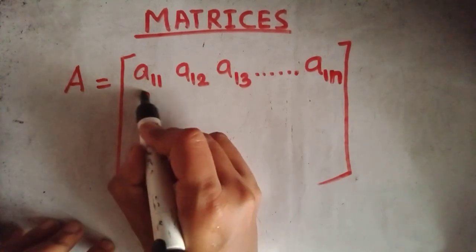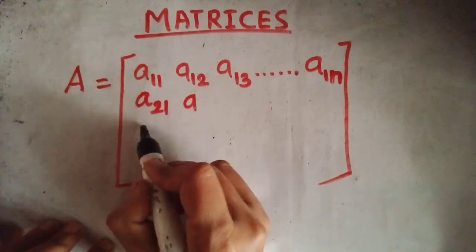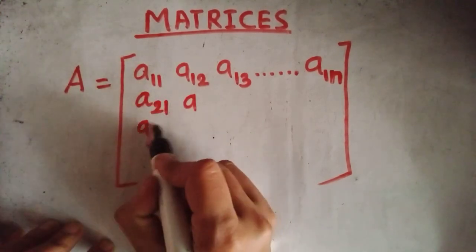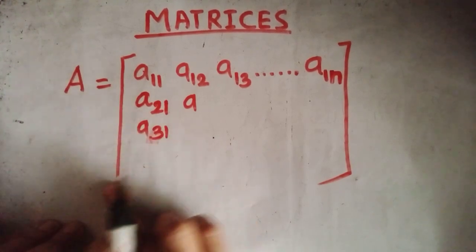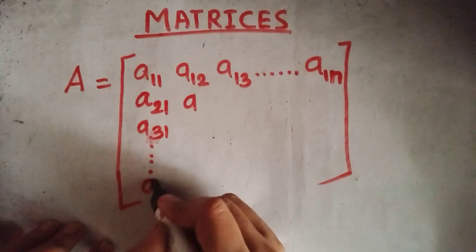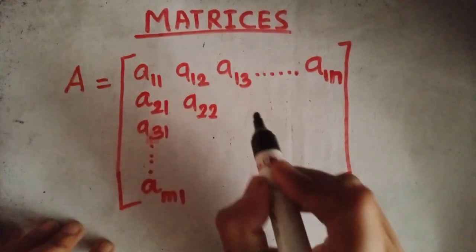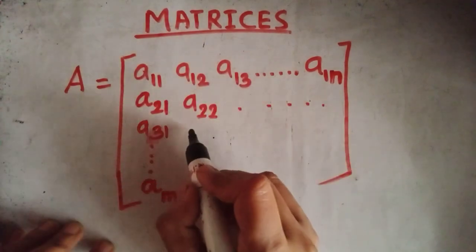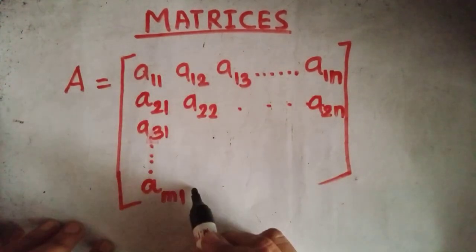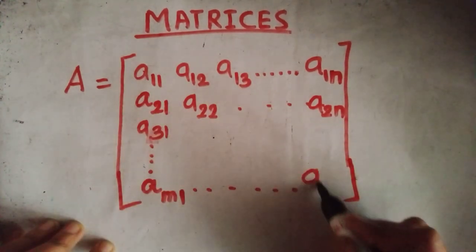Similarly, the next row is A21, A22, and so on, then A31, and so on, and we'll have Am1. Then A2n, and the last entry will be Amn.